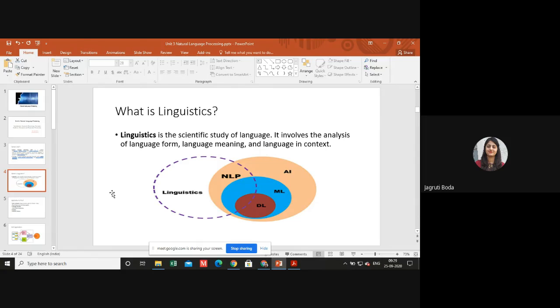In the first versions of computers, the computer only understood binary language, so we had to compute and give input in 0 and 1. But nowadays, how we can interact with computers in our own language is the problem of natural language processing.